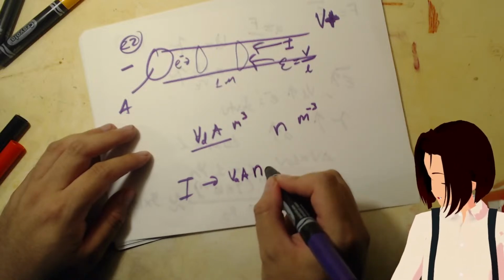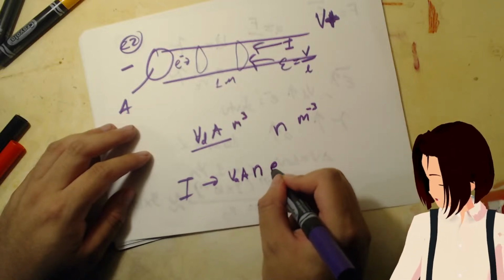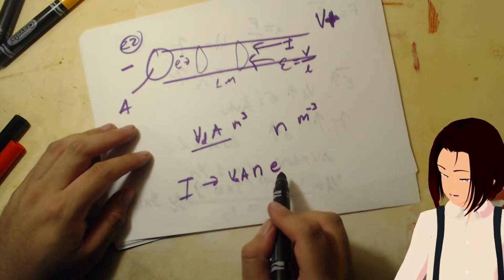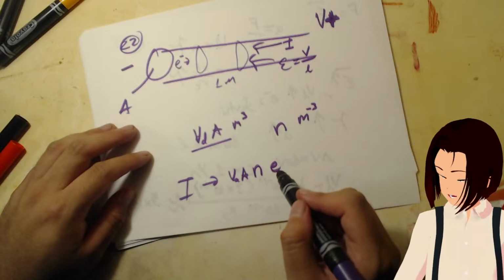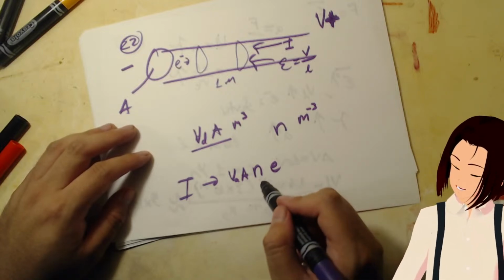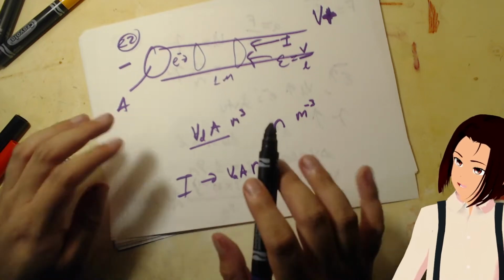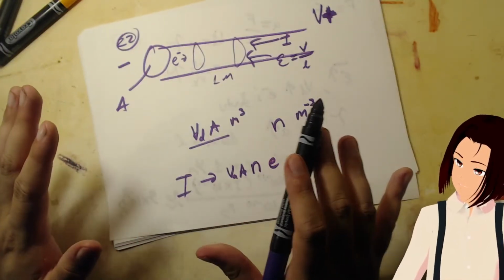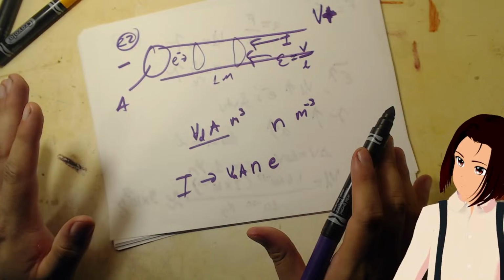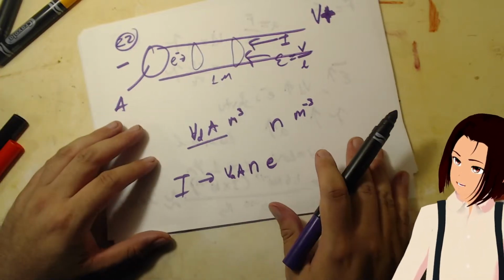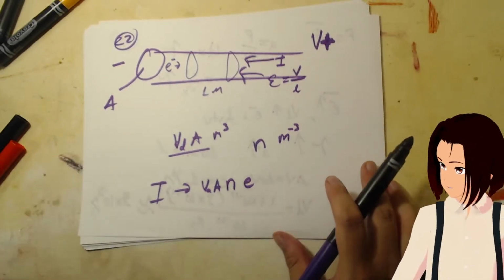If we multiply by this and by the charge of an electron, we have current. Do you follow? Yeah, it's basically like a flux equation. Yes.